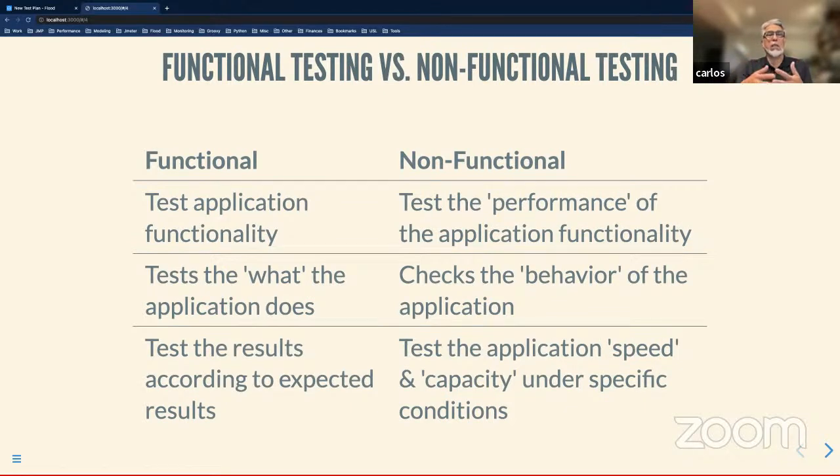Again, go back to the concept: is it responsive, is it slow. Another distinction between functional and non-functional is that there are very specific results related to functional testing. However, in terms of non-functional, what we're talking about is speed and capacity.